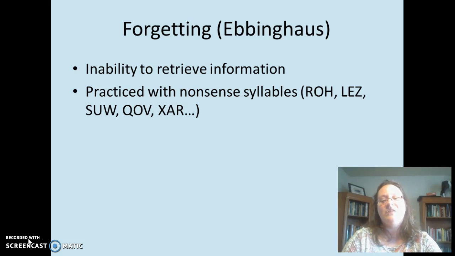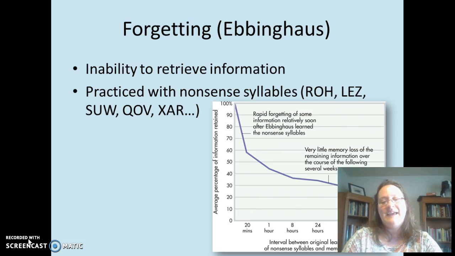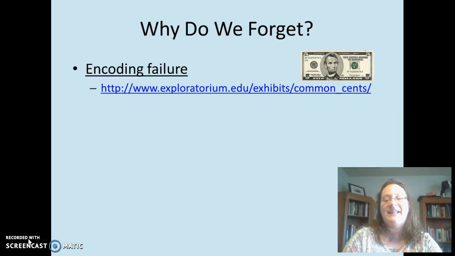He memorized nonsense syllables, things like ROH, LES, or LAZ, and then tried to keep himself able to remember them. It's really difficult to remember strings of these syllables. He found that he forgot most of them right away, but the ones he retained he kept. So he taught us a lot about the process of memory and forgetting.